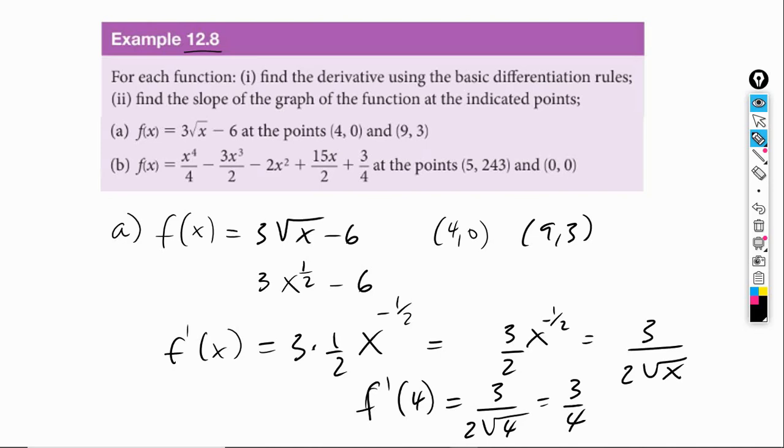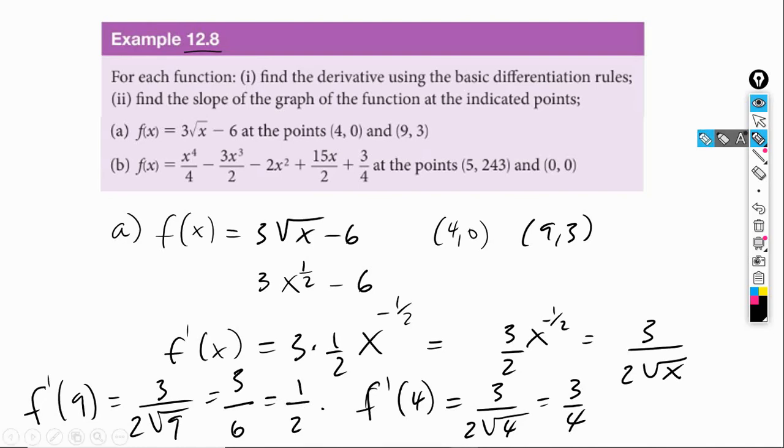So that means that the slope of the function at x equals 4 is 3/4. Now let's do the same over here with 9. All we have to do is plug in 9, and we're going to get 3 over 2 times the square root of 9, and this is going to be 3 over 6, which is 1/2.